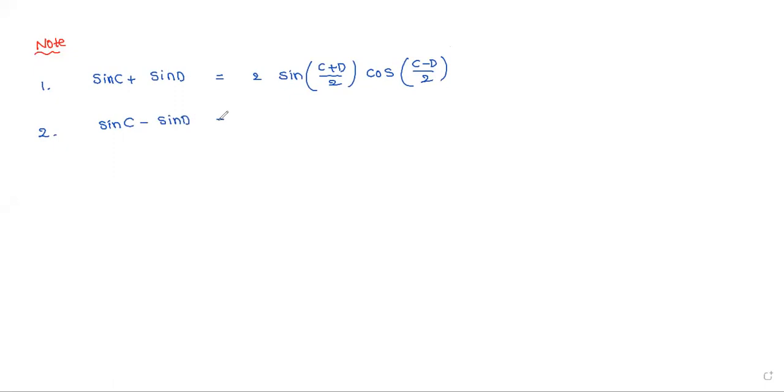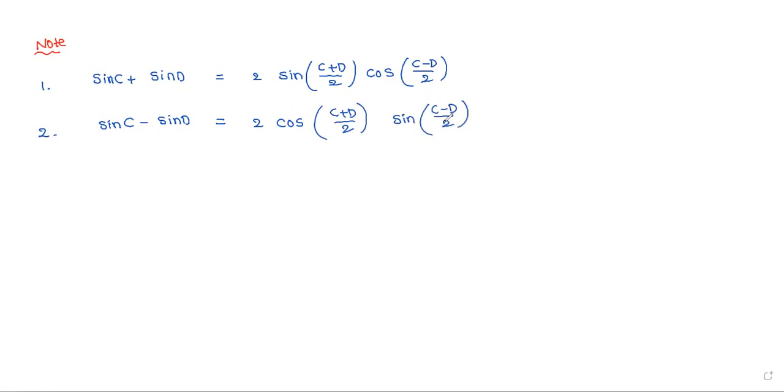The first formula: sin c plus sin d is 2 sin of c plus d by 2 cos of c minus d by 2. Sin c minus sin d is 2 cos of c plus d by 2 sin of c minus d by 2.